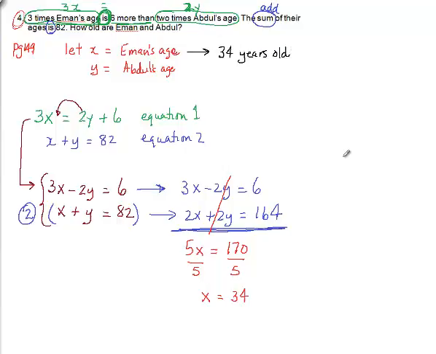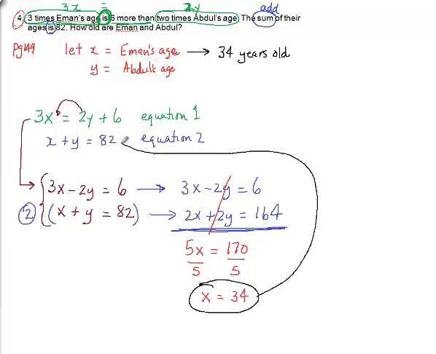Now, we're not finished, of course. We have to find both their ages. So how do you think we find how old Abdul is? Well, take the 34 and substitute it back into the simpler of the two equations, which looks to be the bottom equation, right? We know their ages add up to 82, so I'm going to put it back in there.